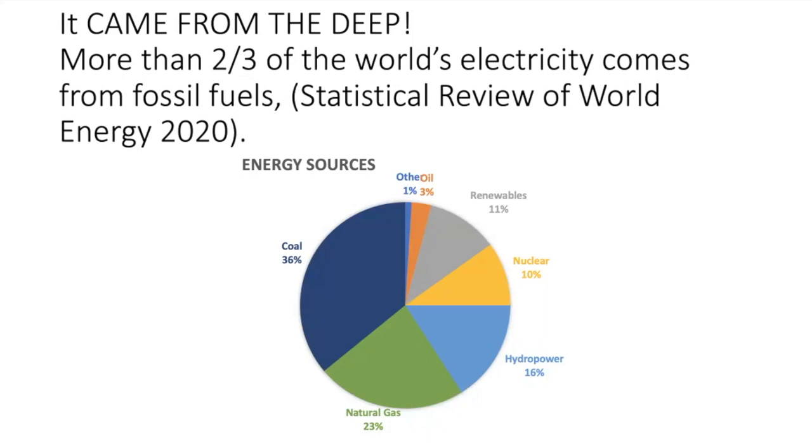So more than 2/3 of the world's electricity comes from fossil fuels. As you can see, I have a breakdown here provided by the Statistical Review of World Energy. Right now, most electricity comes from the burning of coal and of natural gas. So about 2/3 are from these fossil fuels, and it's the burning of fossil fuels that generates the CO2 emissions.